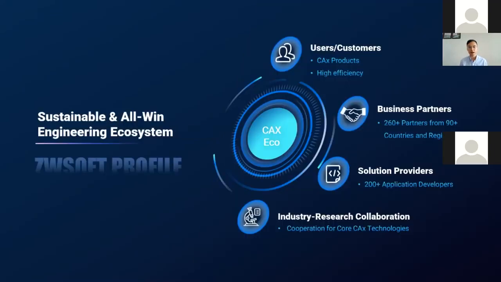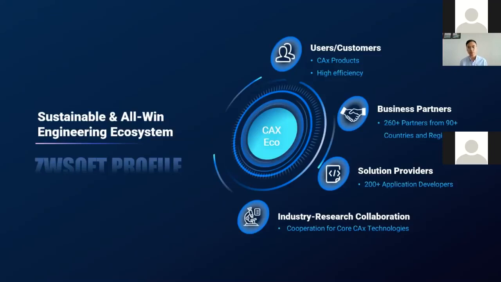So this is after 5 years, what we are going to do: a sustainable all-in-one engineering ecosystem. First of all, of course, the user and customer will be our first priority, to provide high efficiency CAE products to all of you.